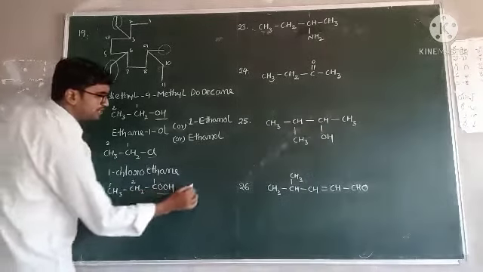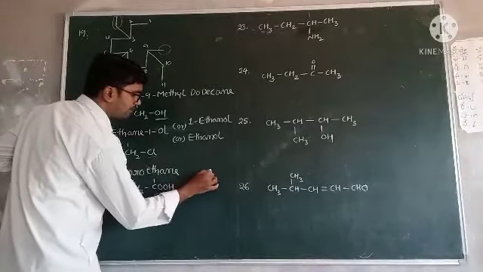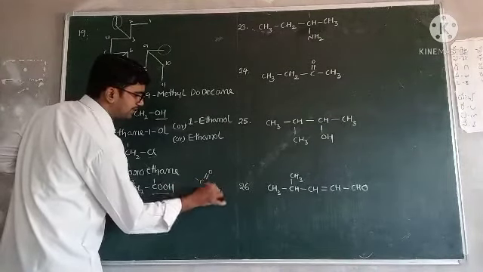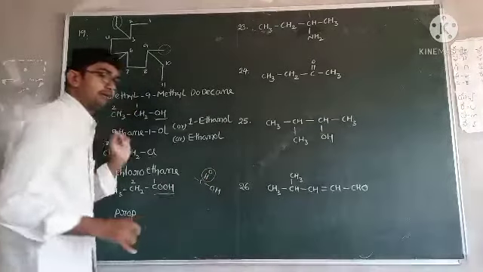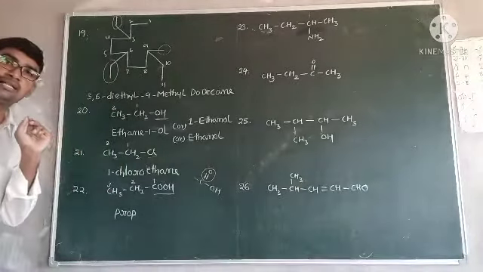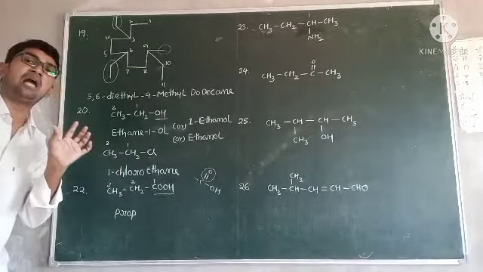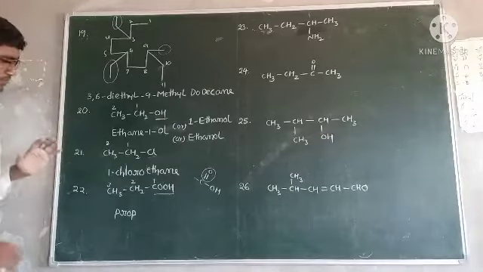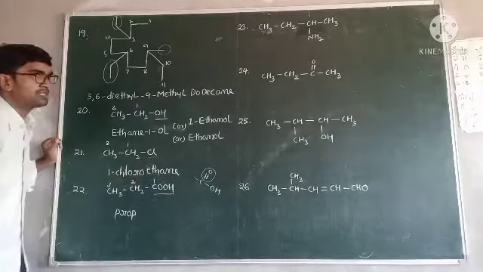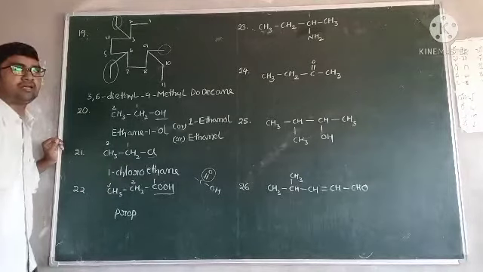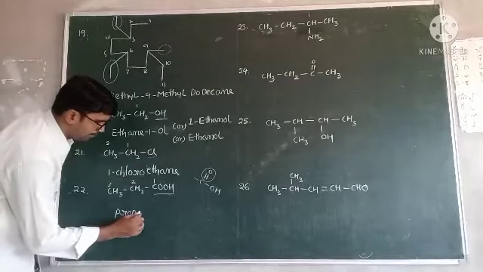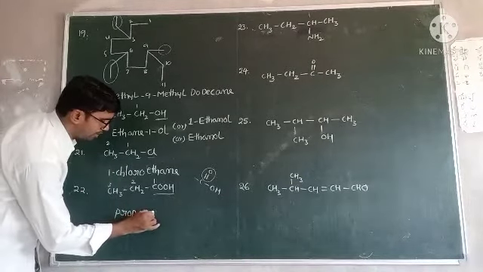Sir, in COOH, we know C double bond O H, so a double bond is present, sir. You have to consider only multiple bonds present between 2 carbon atoms, not other atoms. So there is no C double bond C, there is no C triple bond C, right? So prop-an, only single bonds.